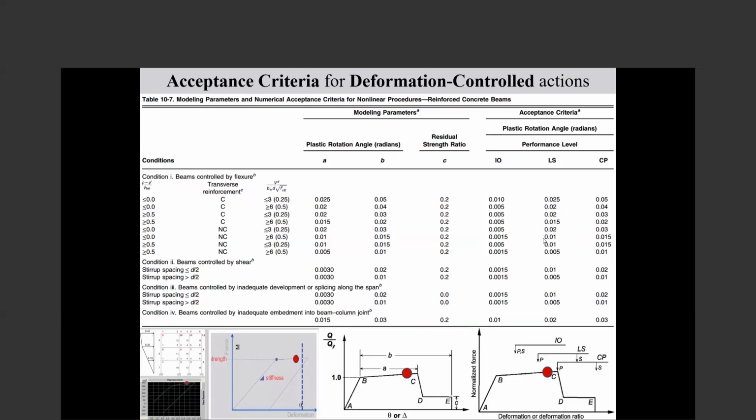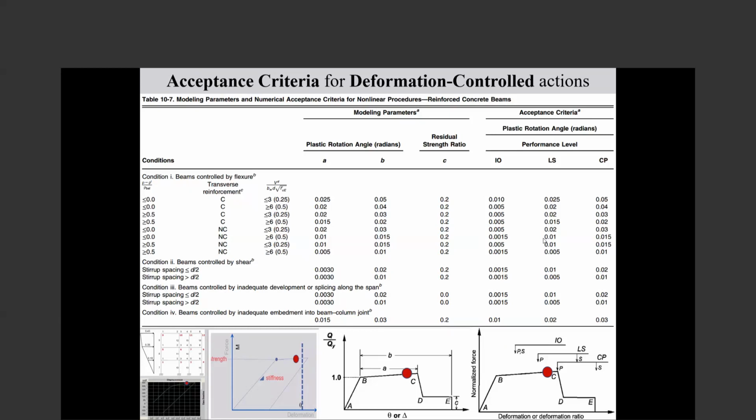You push the building to the target displacement. Then some of them ask that you continue to 1.5 times the target displacement, and there shouldn't be any deterioration in the base shear top displacement curve in this range.